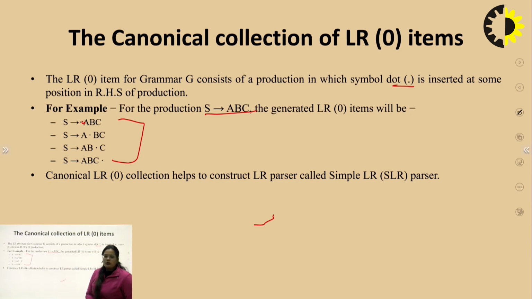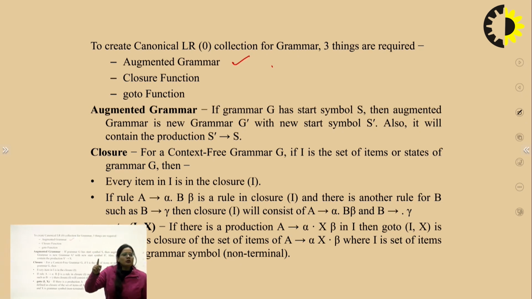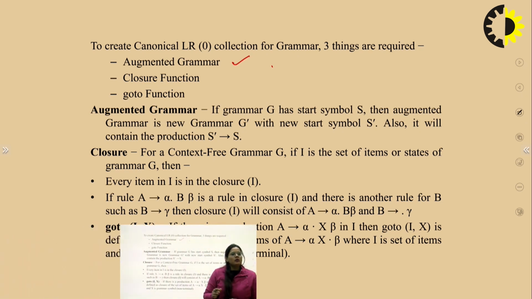So the dot is shifted from one position to another. The canonical LR0 collection is used to construct an LR parser called the simple LR parser. To create the LR0 collection of a grammar, we require three things. First is the augmented grammar, second is the closure function, and next is the goto function.